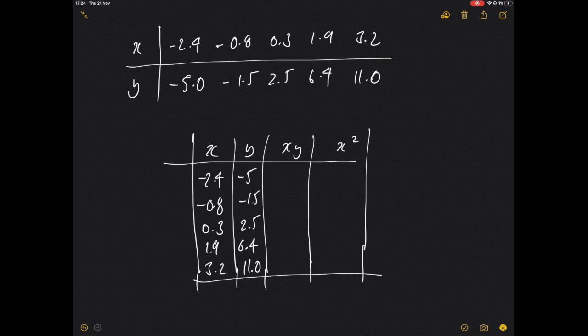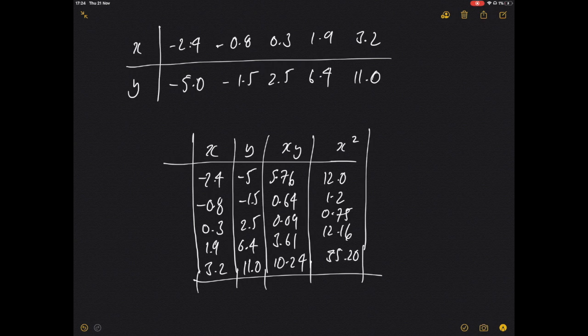We have our xy, which we get by putting these into a calculator, multiplying the two values: 5.76, 0.64, 0.09, 3.61, and 10.24. And our x squared, which is 12.0, 1.2, 0.75, 12.16 and 35.20.